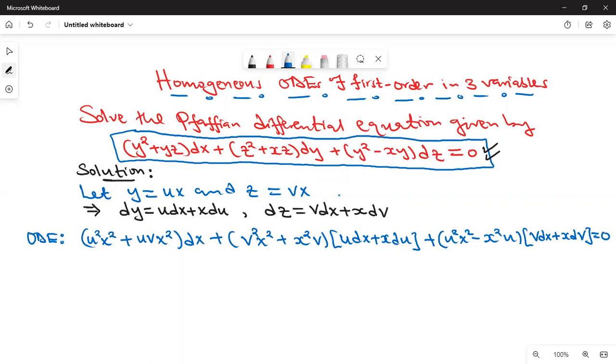If you look at this equation, you realize that x squared is common.